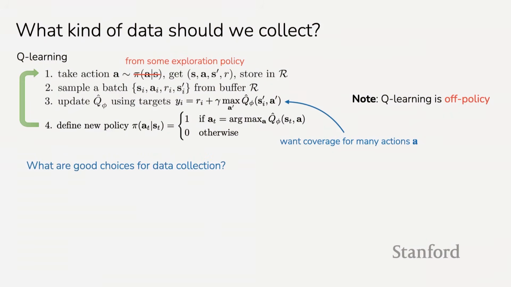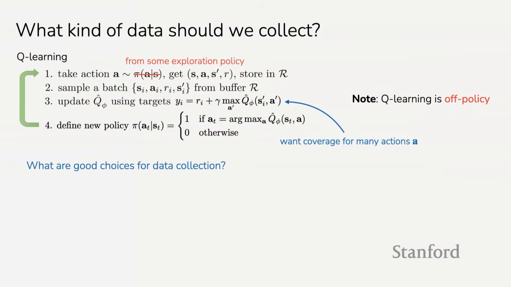And there's a couple choices here. One choice is to mostly follow our policy, most of the time, but with some small probability, take a completely random action.